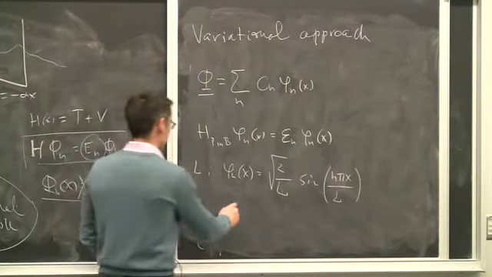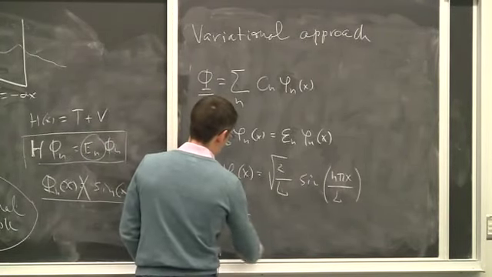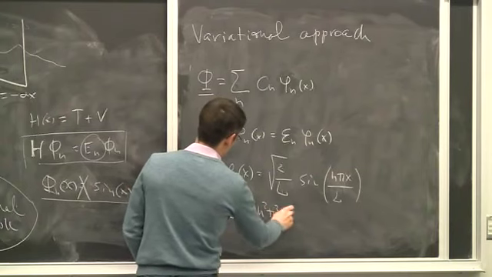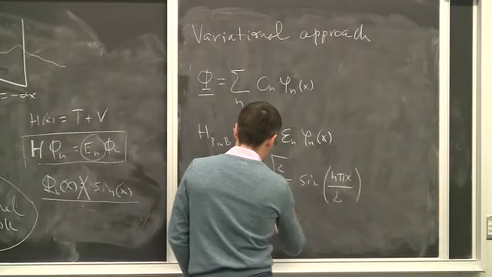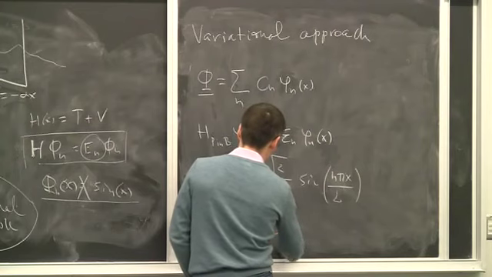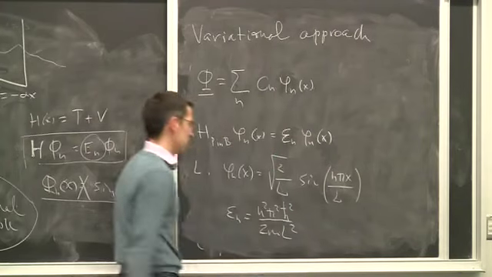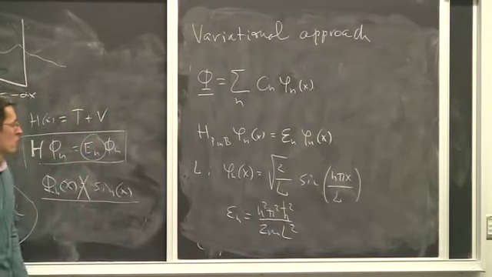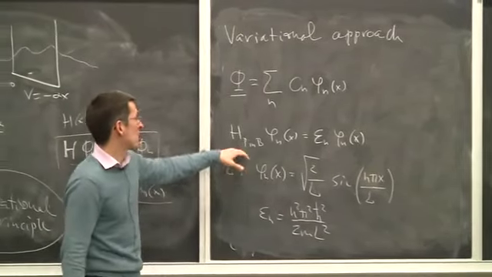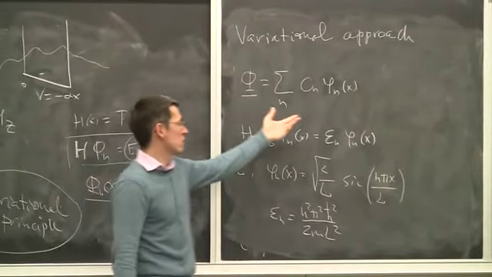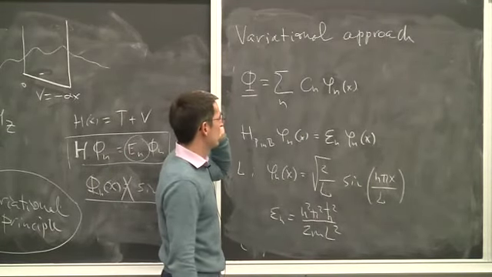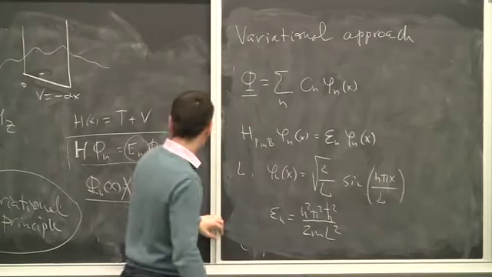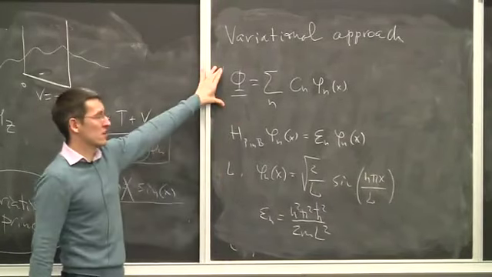And the epsilons are n squared pi squared h bar squared divided by 2 m L squared. So we know the solution for this problem. Now we will try to use them to solve the problem that we don't know the solution to yet, by using this construction.